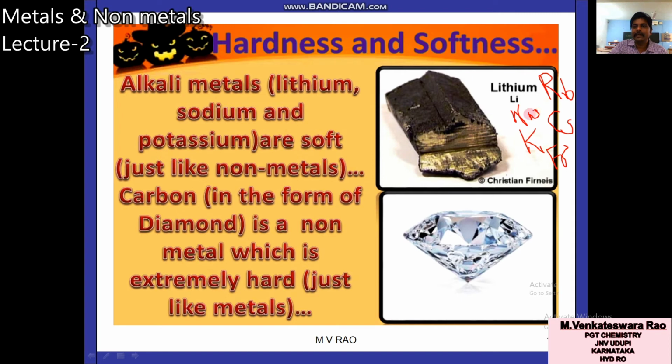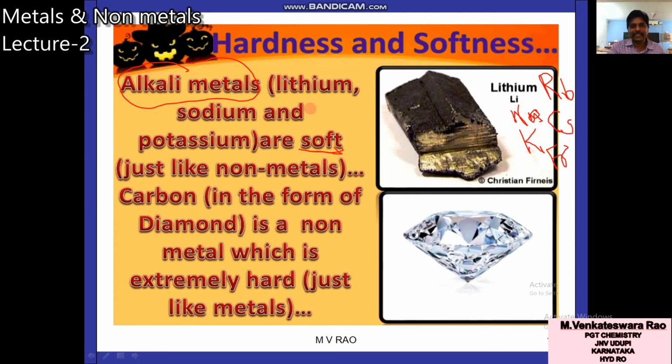Lithium, sodium, potassium, rubidium, cesium, francium. These are called alkali metals. These are metals but soft metals. You can cut these metals with a knife like cake. So alkali metals like lithium, sodium and potassium are soft just like non-metals. It is one exceptional case.